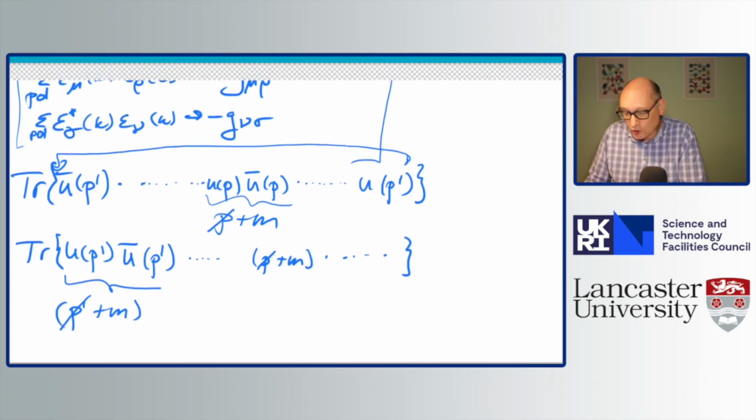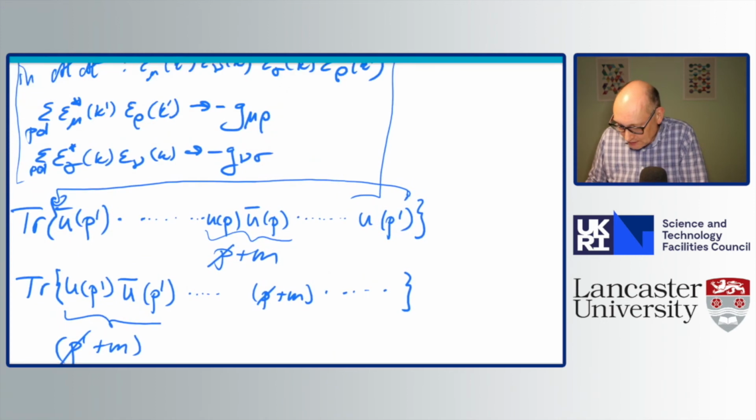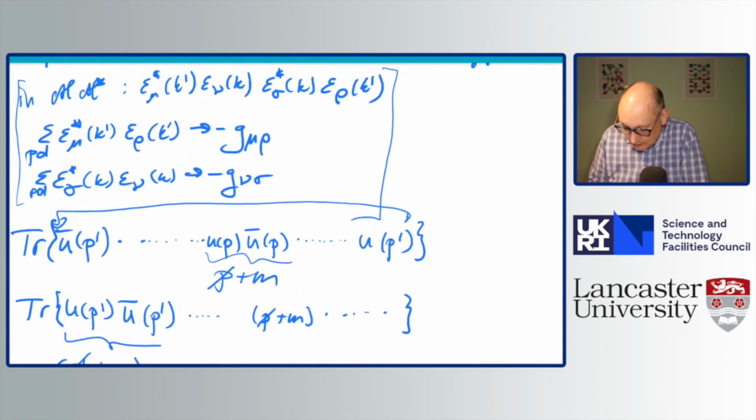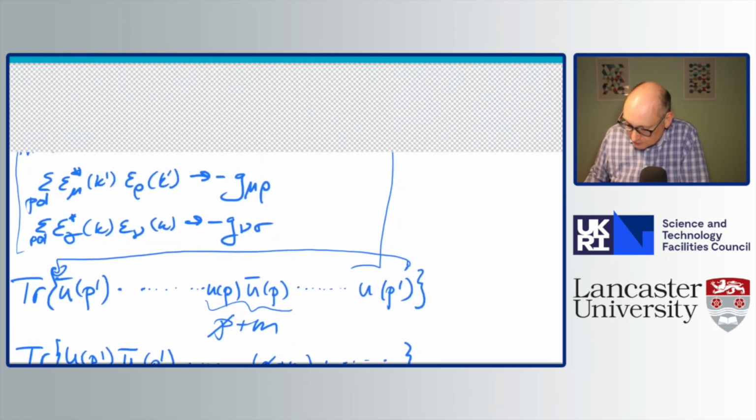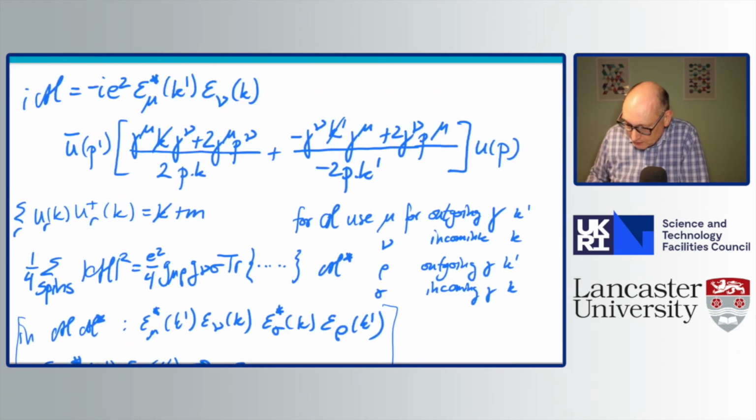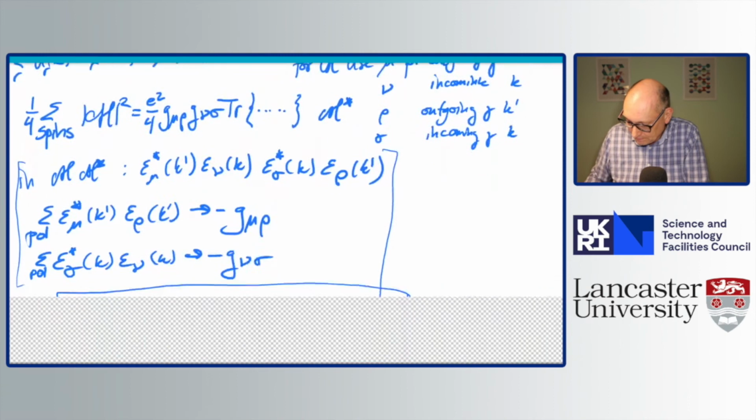So all this complicated trace that I get, all the spinors for the electron, I will use the cyclic properties of the trace to write as P prime slash plus M or P slash plus M, and then all I'm left with are the complicated string of gamma matrices up here in the square bracket. Good.